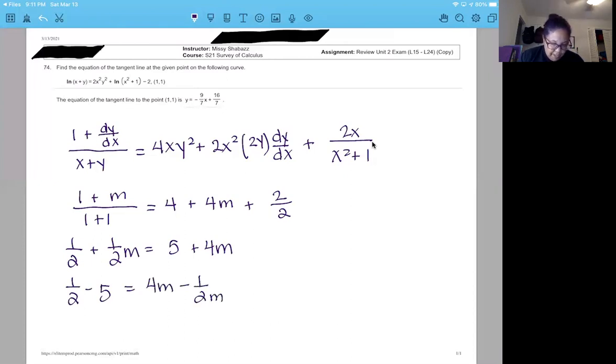And 1/2 minus 5 is going to give me -10, -9/2. And 4m minus 1/2 m, that's going to give me a 7/2 m.